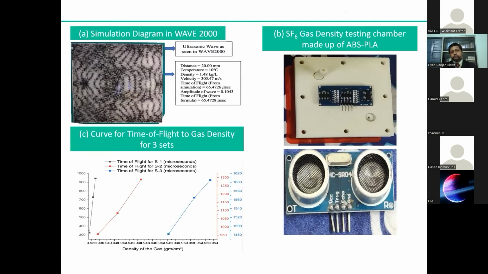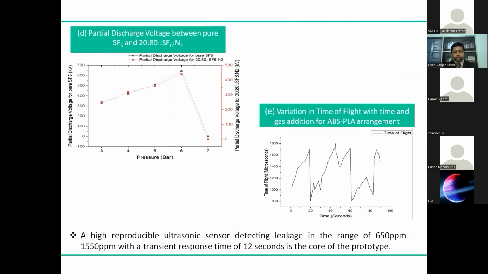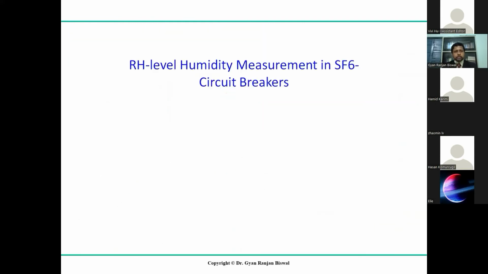It is a 3D printed ABS PLA module, which is used with the HCSR04 Centurion design. Please note that the design of this piezoelectric crystal was actually provided by my team to this particular company, Centurion, whose manufacturing is in China, though they are a US-based company. This contribution has been patented, and the patent is under consideration.